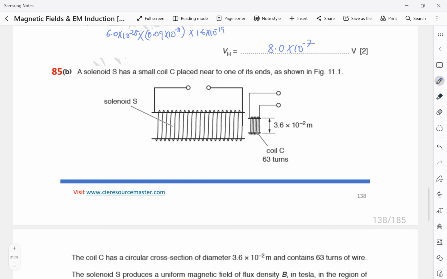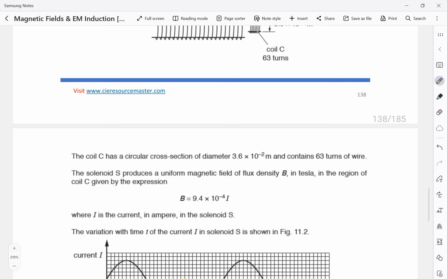Okay, so that is the solenoid S and a small coil C placed in their vicinity. The coil C has a circular cross-section of diameter 3.6 times 10 to the power of minus 2, so the radius is 1.8 times 10 to the power of minus 2, and 63 turns of wire.